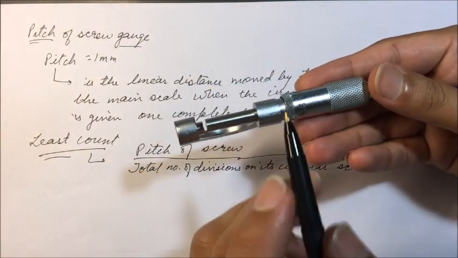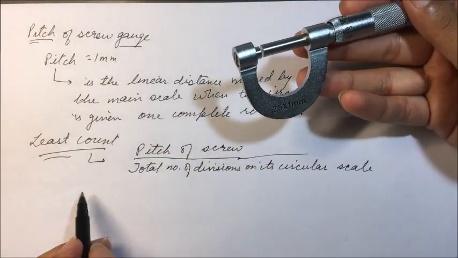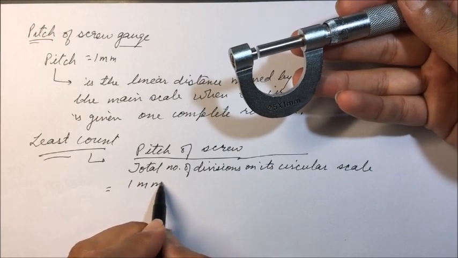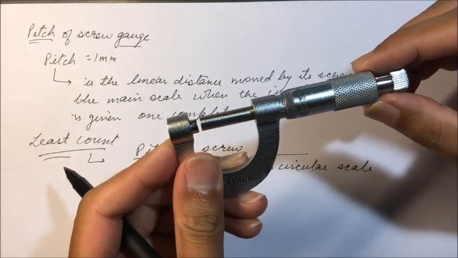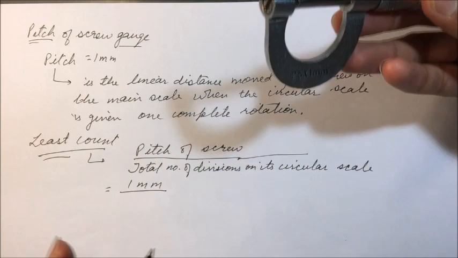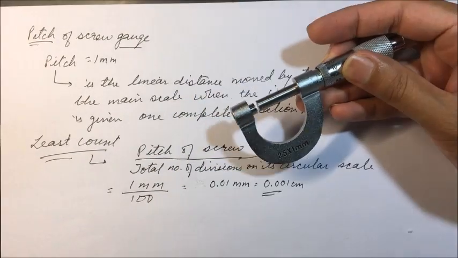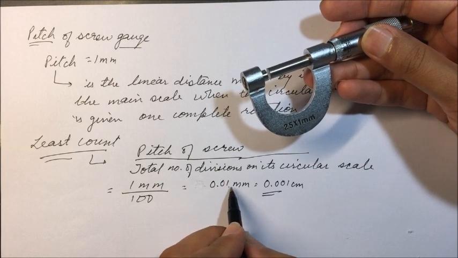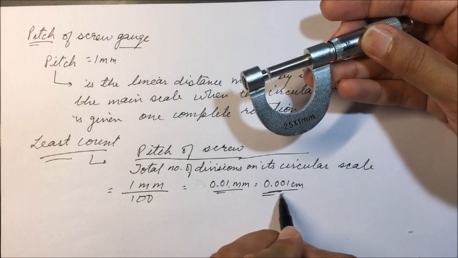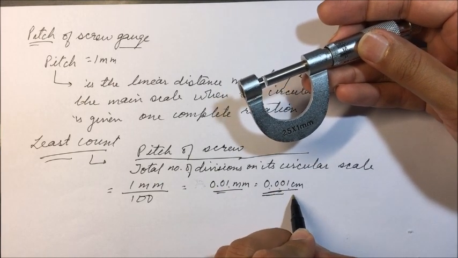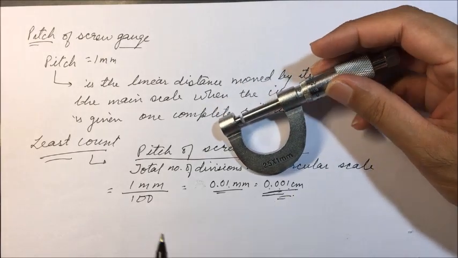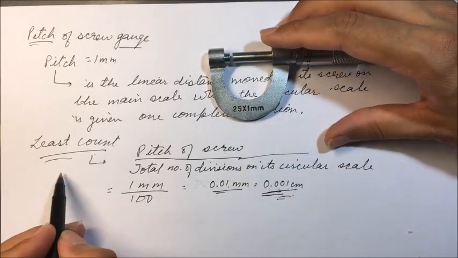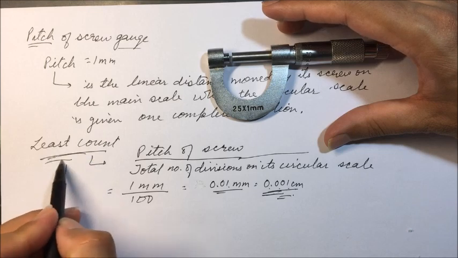In this case, the pitch of the screw is 1 mm, and on the circular scale there are 100 divisions, so 1 mm divided by 100. So the least count of the screw gauge comes out to be 0.01 mm, and in centimeters it will be 0.001 centimeters.